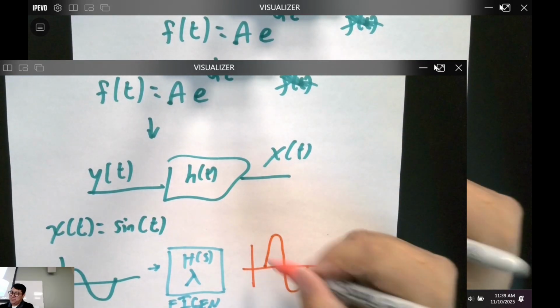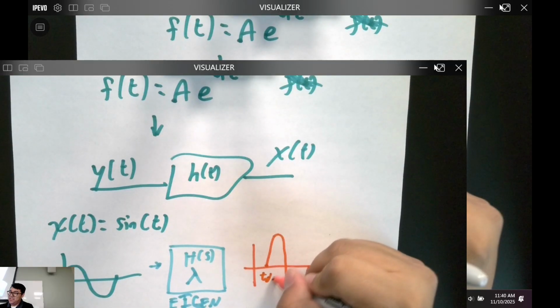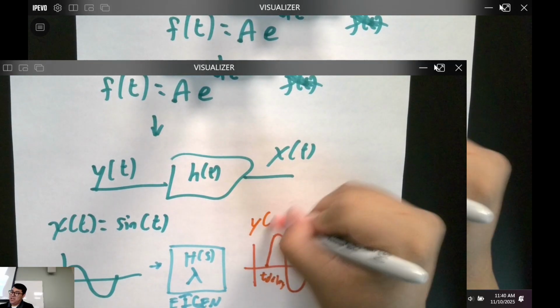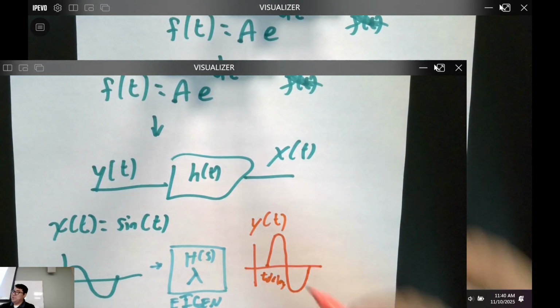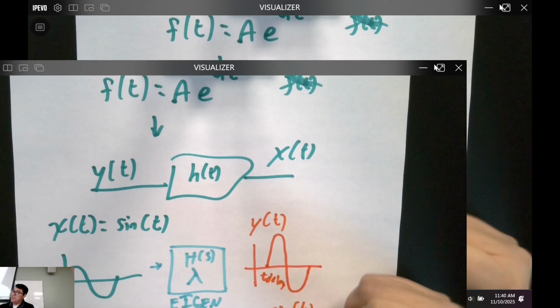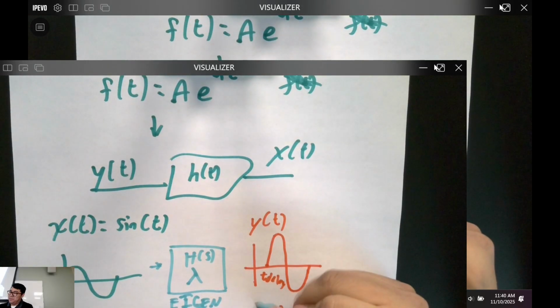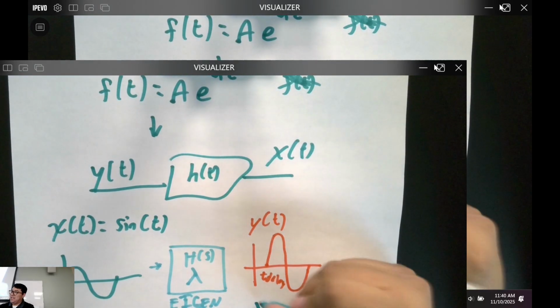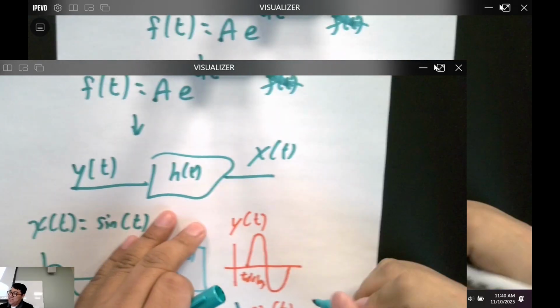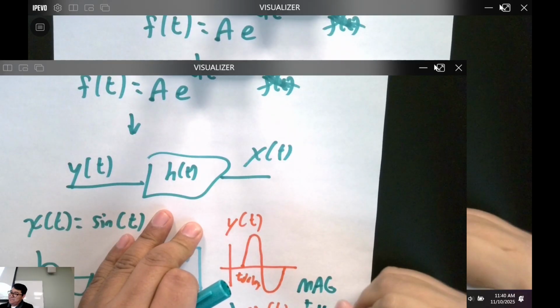I'm just creating something weird. This is 0, and this is t delay, right? This is your y of t. And what do you get at the output? Some sine wave, sine t, and then whatever the eigenvalue goes onto here. And this eigenvalue is going to have some type of magnitude plus phase, okay?